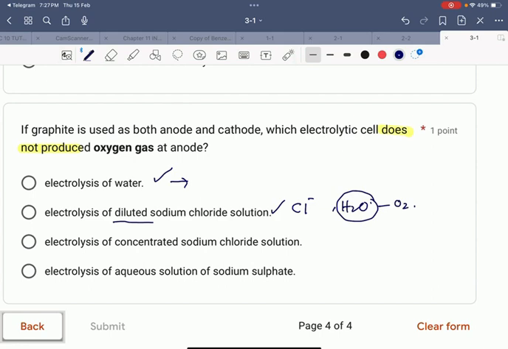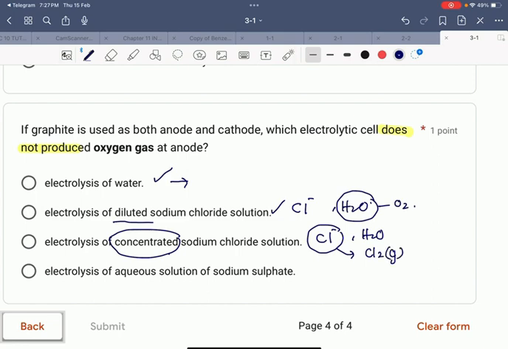Electrolysis of concentrated sodium chloride. So we have Cl minus and H2O. For this one, even though the value of H2O is better to oxidize, we choose Cl minus because this is concentrated. So at the anode, it will form chlorine gas.